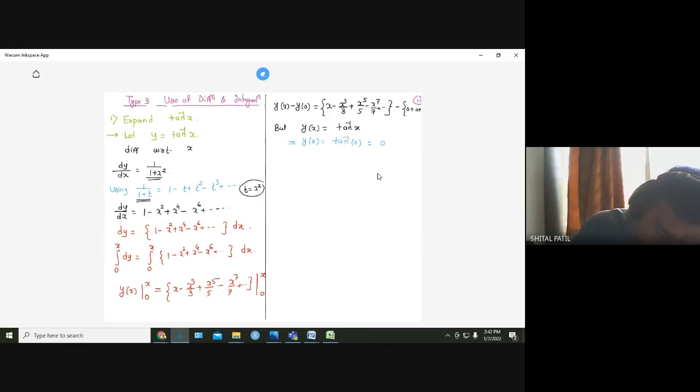So it is like this: tan inverse x minus 0 equal to x minus x cubed by 3 and so on. That is tan inverse x equal to x minus x cubed by 3 plus x raised to 5 by 5 minus x raised to 7 by 7 and so on.